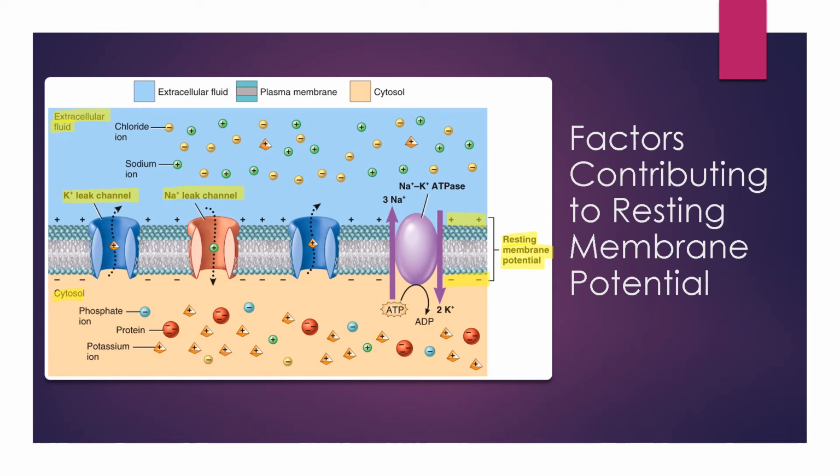We can see all these anions that are stuck inside the cytoplasm, inside the cell. You can see the anions, the proteins, and the phosphate ions that really contribute a lot to that negative charge inside the cytosol. And then there's also the sodium-potassium ATPase pump. Remember, this requires ATP to pump 3 sodium out of the cell for every 2 potassium they pump back into the cell.